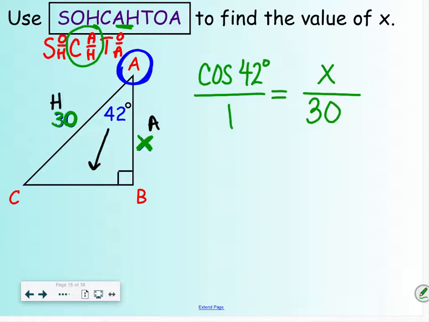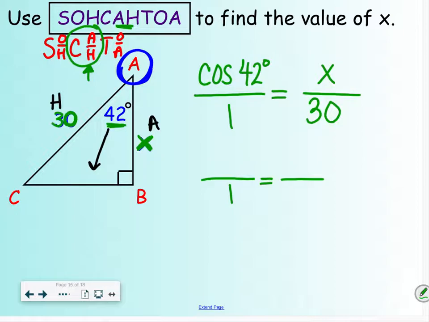They're adjacent and hypotenuse, so this is the ratio right here, cosine, that has adjacent and hypotenuse. So the angle measure goes up on top. There's always a 1 on the bottom. So the left-hand side of your proportion is always going to be either the sine, cosine, or tangent ratio over 1 to make it a proportion. So there's always a 1 in this spot right here, bottom left.